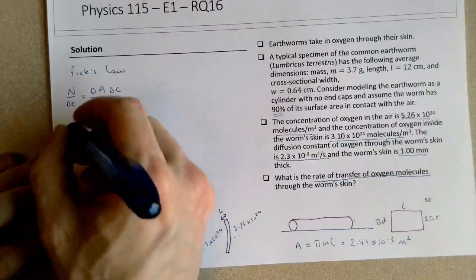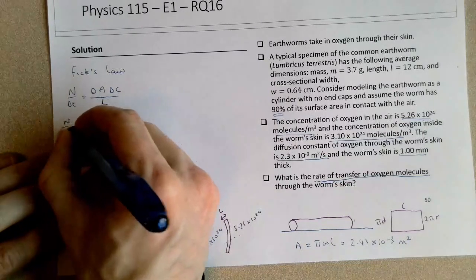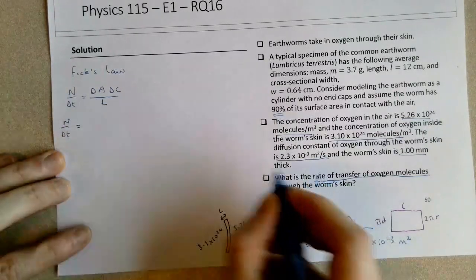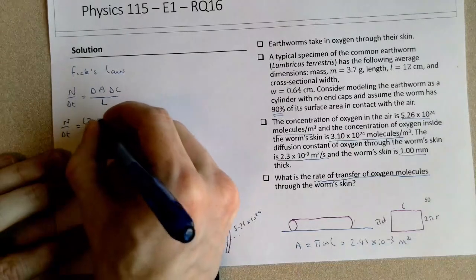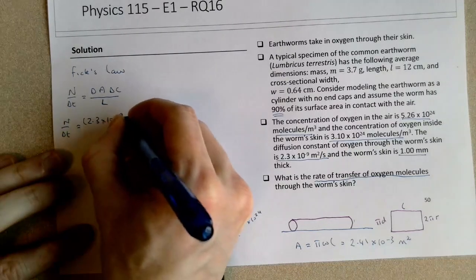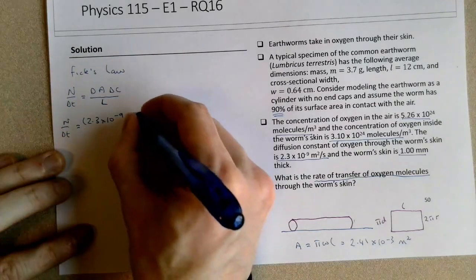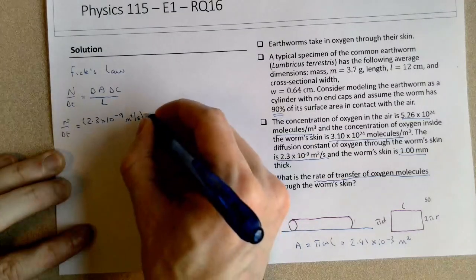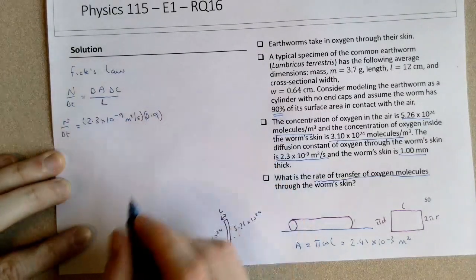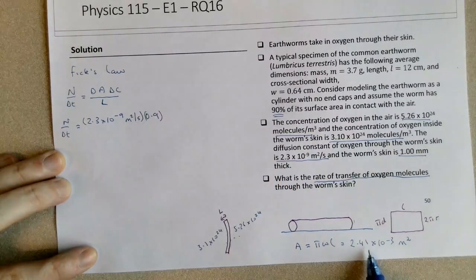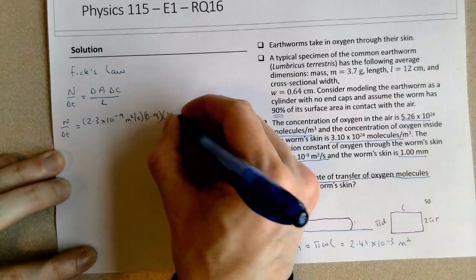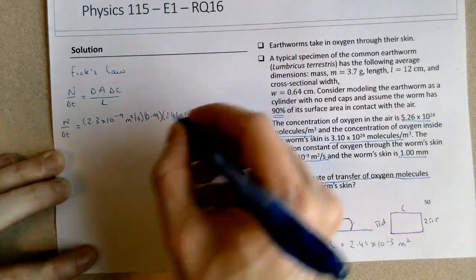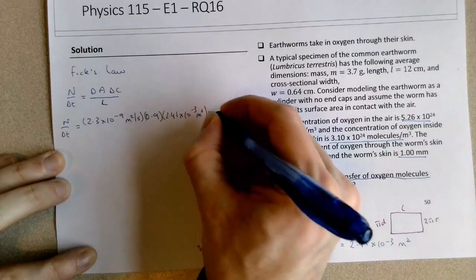So my N over delta T will be my diffusion constant, 2.3 by 10 to the minus 9 meters squared per second, times 0.9 for the 90% of the area, which is down here, 2.41 by 10 to the minus 3 meters squared.